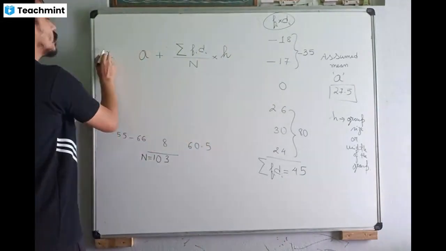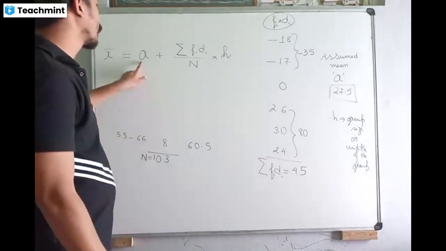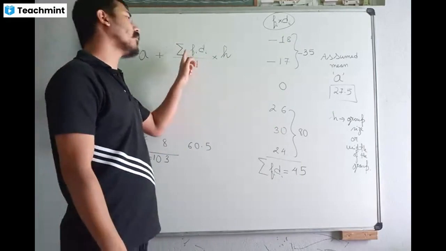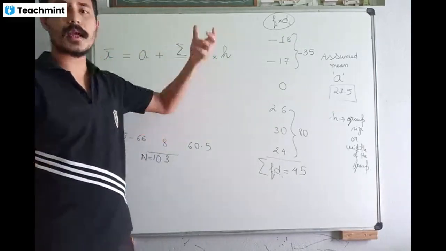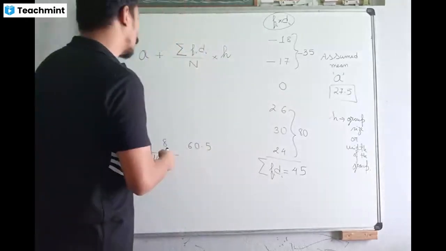So this is how you find the arithmetic mean by step deviation: assumed mean plus total value of fi di upon number of items, times the group size, which is 11.